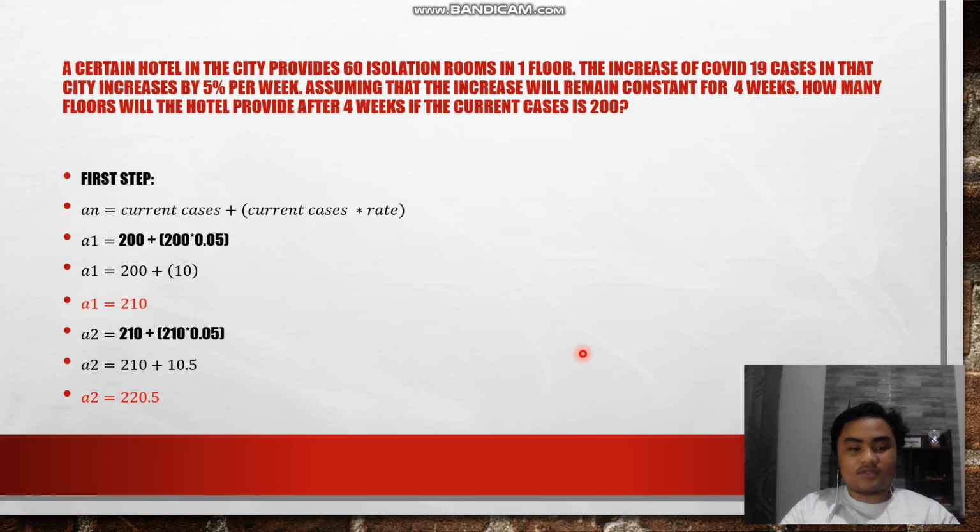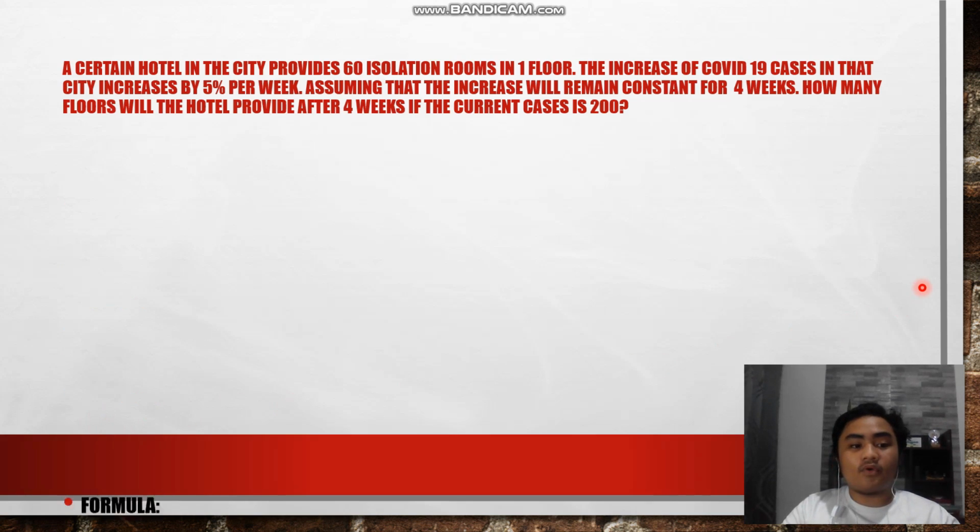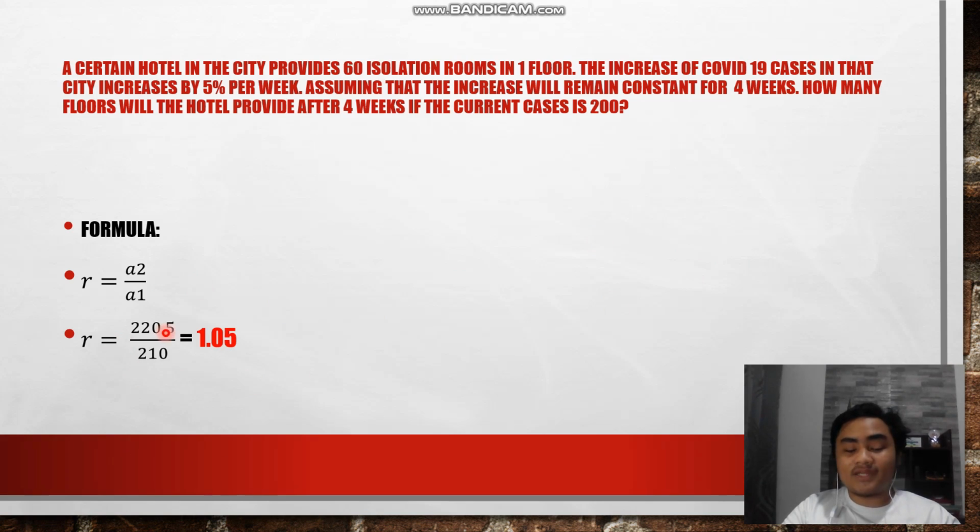Okay. So now that we have A sub 1 and A sub 2, we will proceed to the second step, which is to find the common ratio. So we have A sub 2 divided by A sub 1. Our A sub 2 is 220.5 divided by 210, which is equal to 1.05.